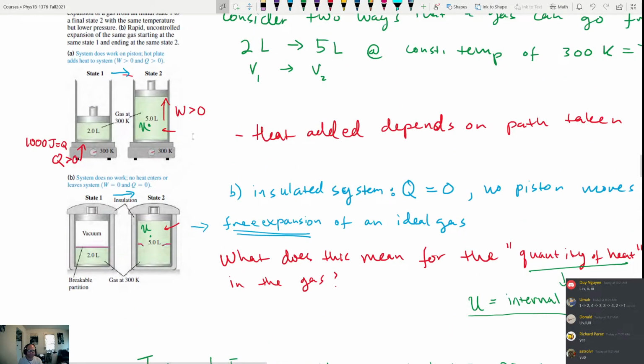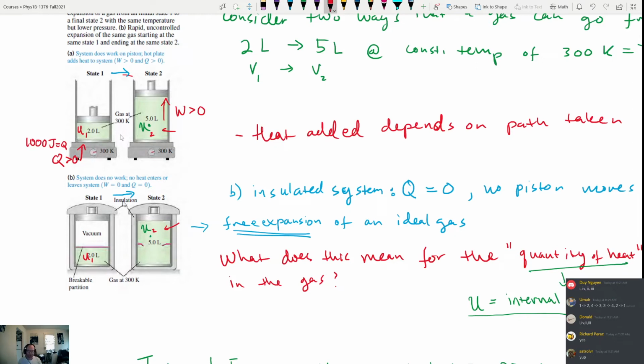All right. The question is, as we move from state 1 to state 2, is it possible to imagine that we have the same change in internal energy from U1 to U2? Is it possible? Let's think about it. So, in case A, work done was positive, Q was positive, right?